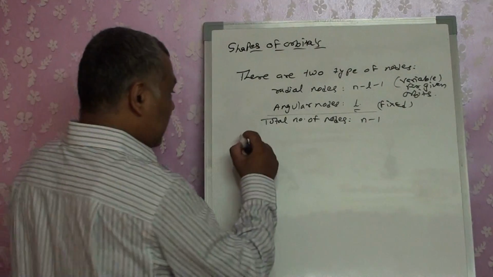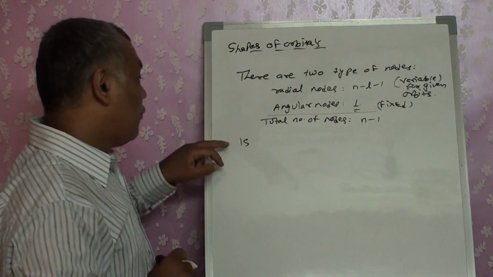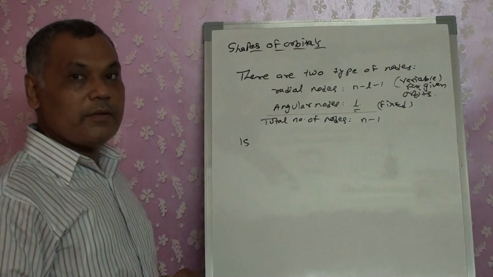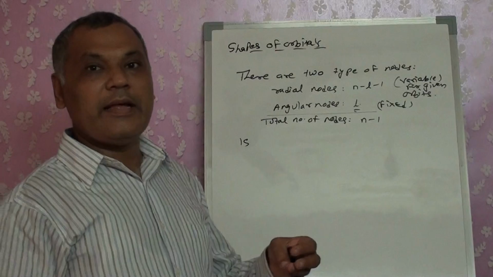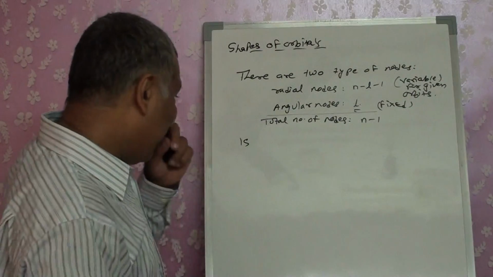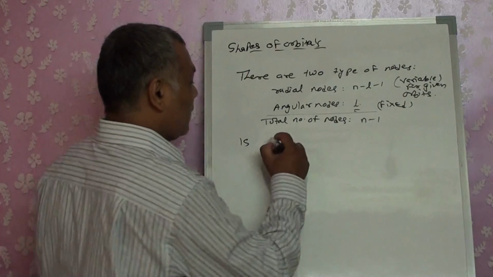Let us understand it. Suppose I am asking you 1s. Now 1s is one of the orbitals that we name on the basis of the quantum numbers n, l, m, s, which we studied. In it we wrote it as 1s. So how many radial nodes are there?